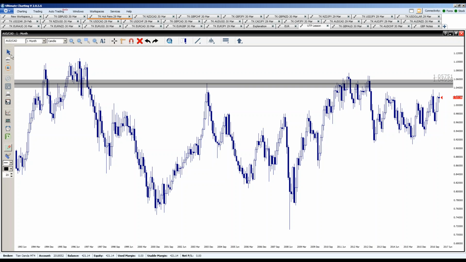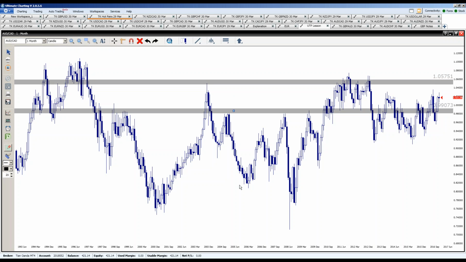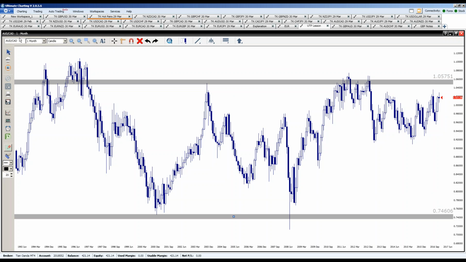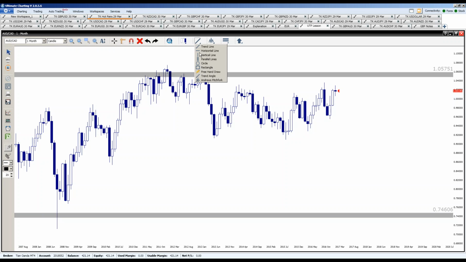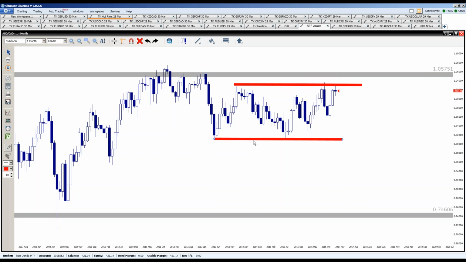Resistance and support. Right. Inside this large trading range, we can identify a smaller trading range. Resistance and support. There we go. So we have a smaller trading range within a larger trading range.